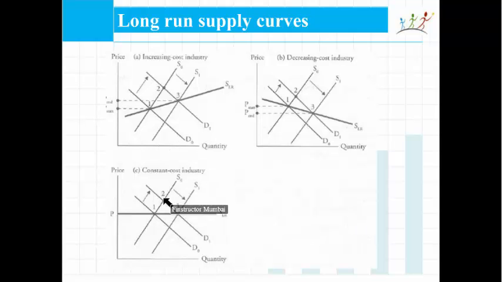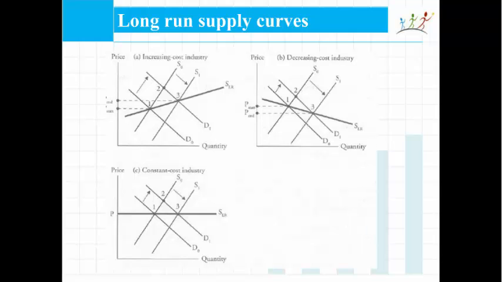Now, we studied that price changes cause movements along the demand curve, whereas external factors cause a shift in the curve. Please watch the previous video if you've forgotten the concept.